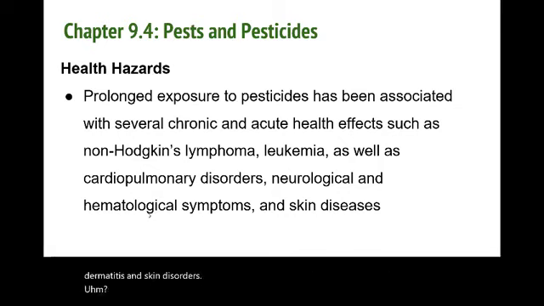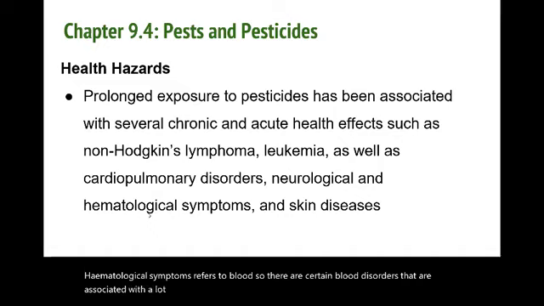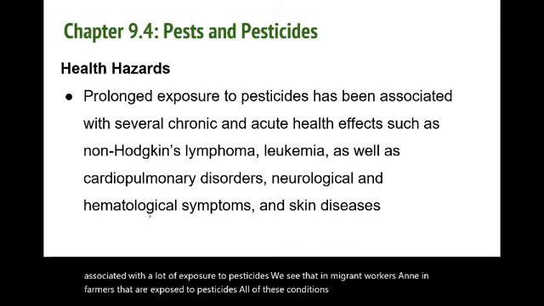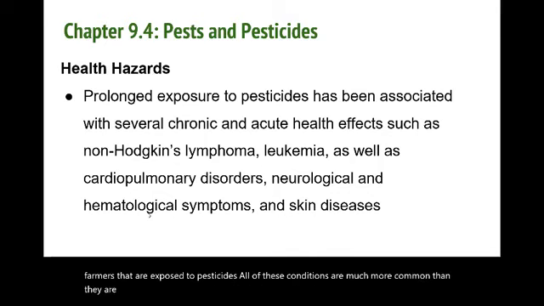Hematological symptoms refers to blood, so there are certain blood disorders that are associated with a lot of exposure to pesticides. We see that in migrant workers and in farmers that are exposed to pesticides, all of these conditions are much more common than they are in people that are not exposed to the pesticides.